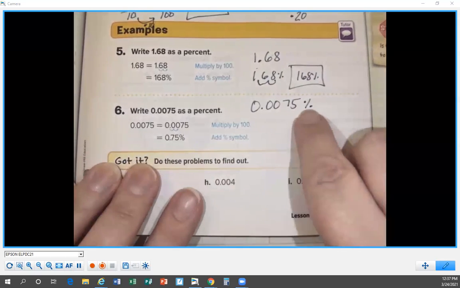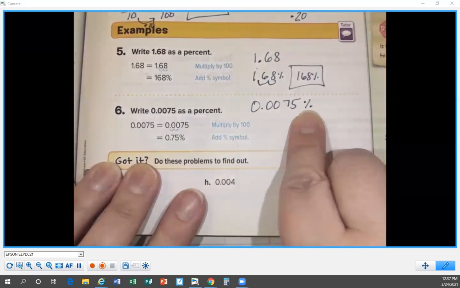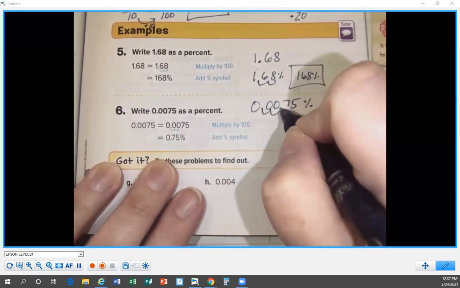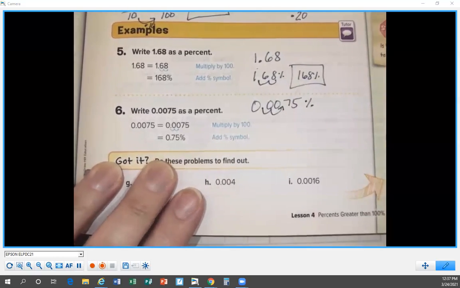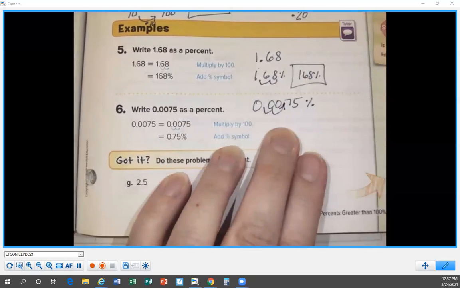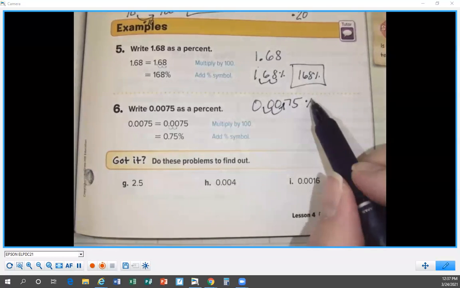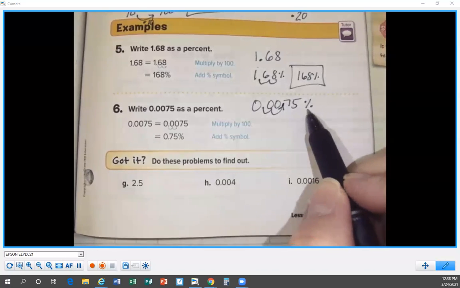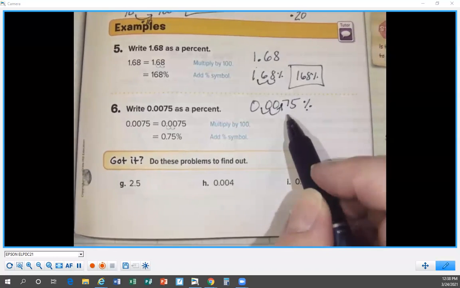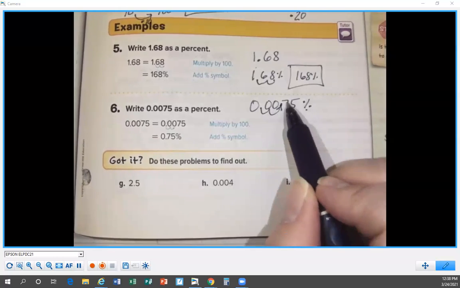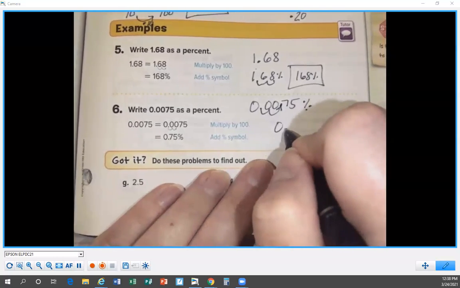So if I divide by 100 here by adding a percent sign, I multiply by 100 here, okay, by moving the decimal 2 places to the right, okay? Because we can't just go around and think, oh, I don't like decimals. I'm going to write it as a percent, so I'll just throw a percent sign on there. Well, no. When you throw a percent sign on it, that really means divide by 100. So then you need to go to the numerical part of the number and multiply by 100. So this will be 0.75%.